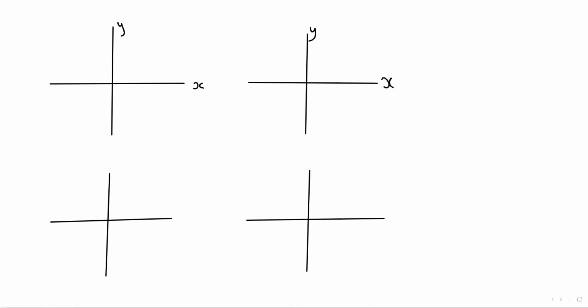We can get lines that go like that, completely vertical, and we can also get lines that go like this, completely horizontal. You can't say, for example, that this has an infinite gradient, because it would be going up infinitely in y without moving in x.